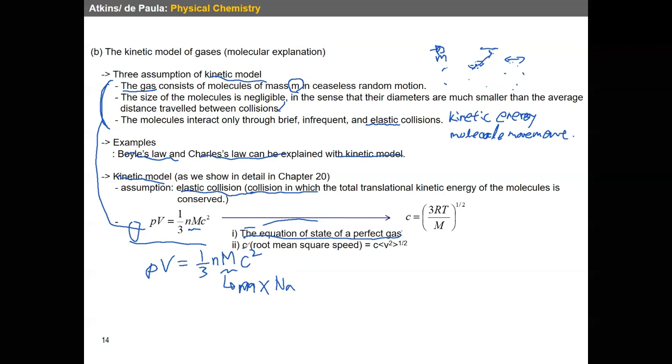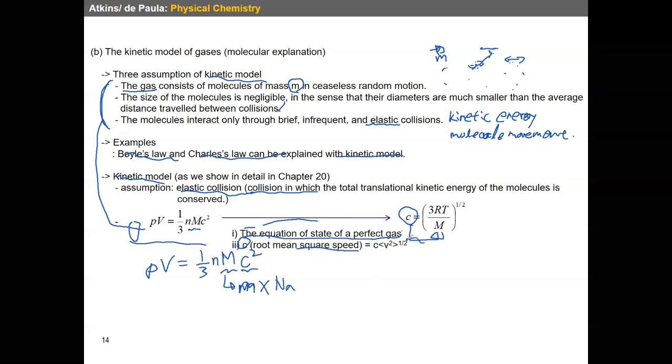And c is the root mean square of the speed of the molecules. So finally, if we organize this expression, then c can be expressed as the square root of 3RT over M.